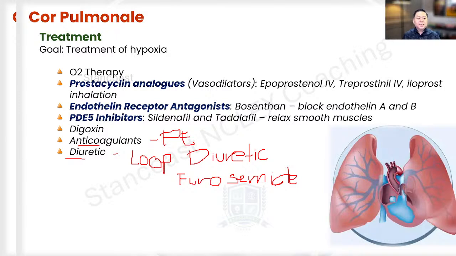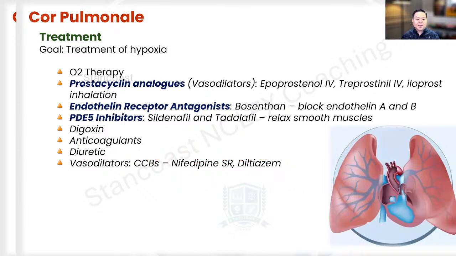All right. Now we're going to focus on cor pulmonale for now. Now we'll also talk about the other vasodilators first. So this will include the calcium channel blockers, or the CCBs. And we have here the names: nifedipine, which is sustained release, or SR, and diltiazem.